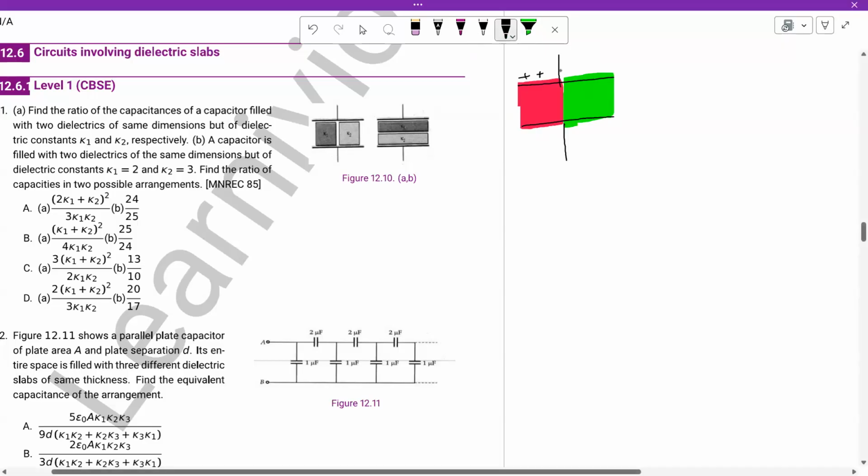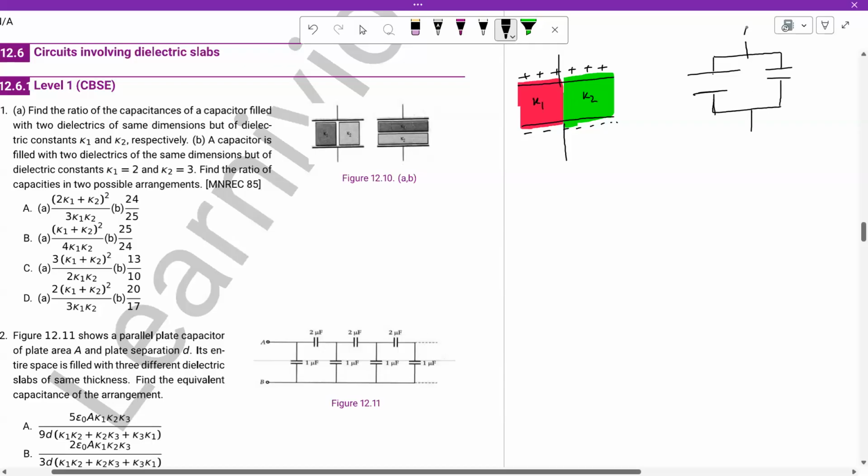Let's say this is positive and this is negative. This is K1 and this is K2. If you see this connection, one capacitor's positive, and then with the positive, again the positive is connected. Something like this.